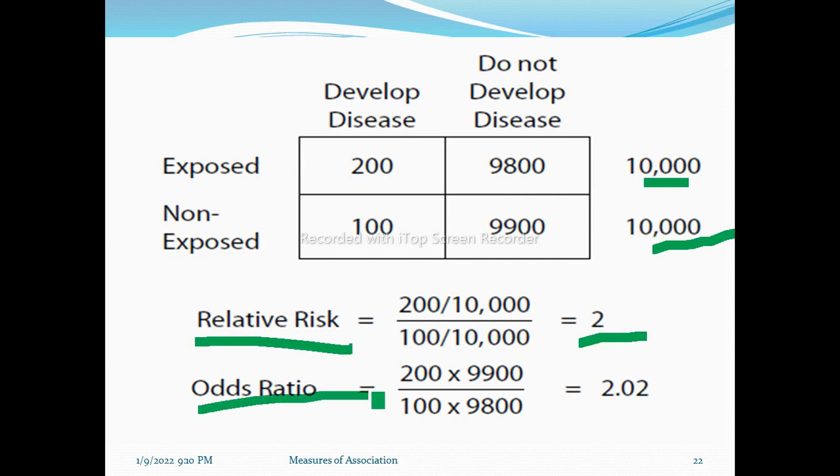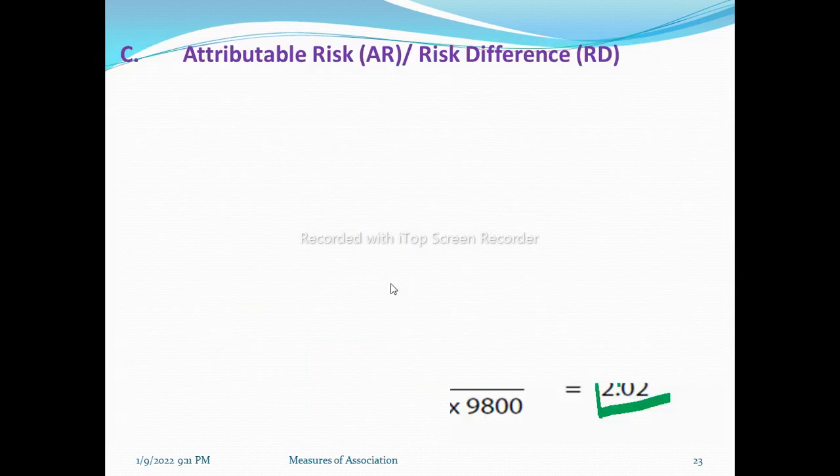If you calculate odds ratio, you will get 2.02, which is almost 2. So this is almost equal, because the incidence or prevalence is low. So in the case of low occurrences, odds ratio and relative risk are almost equal.